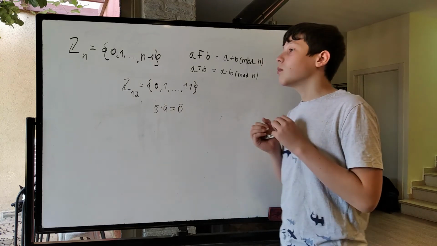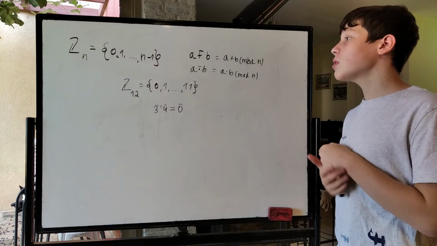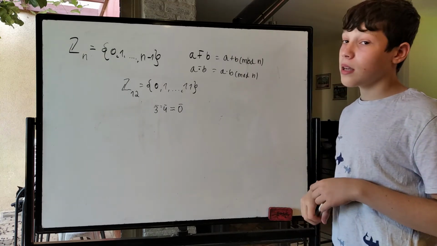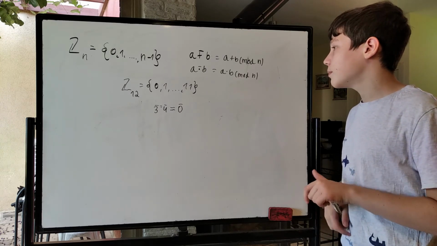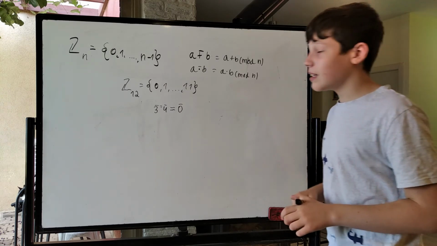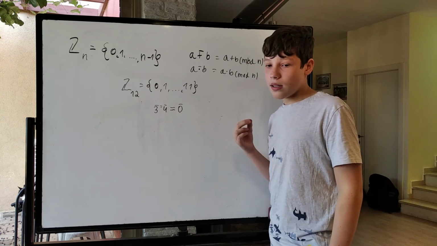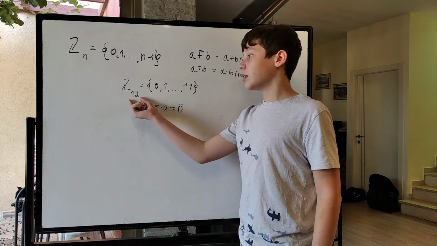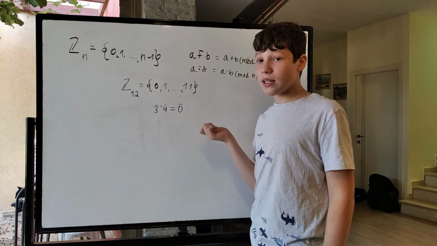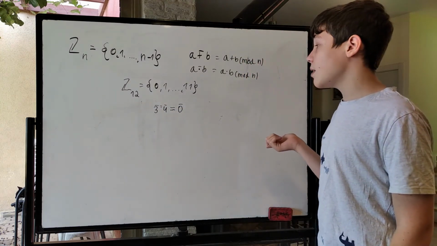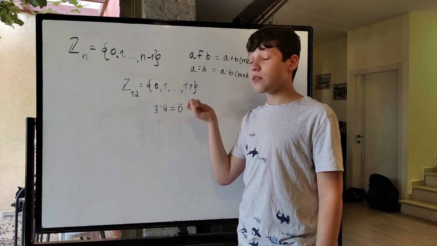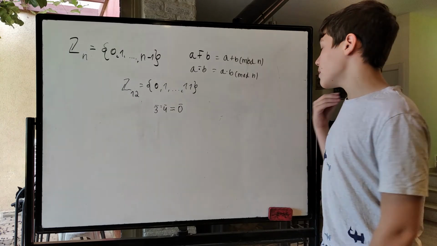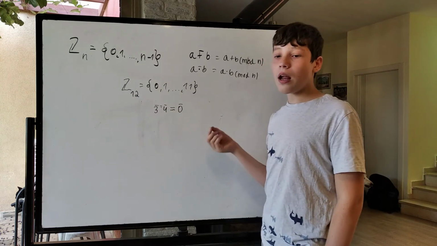And you can also check to see through the rules which rule Z12 does not obey to make it not a field. And this is also an insight about why the index has to be prime: this is a field if and only if the index is prime, because if the index is not prime, it's composite, and then you get stuff like this, which leads you to showing that it's not a field.